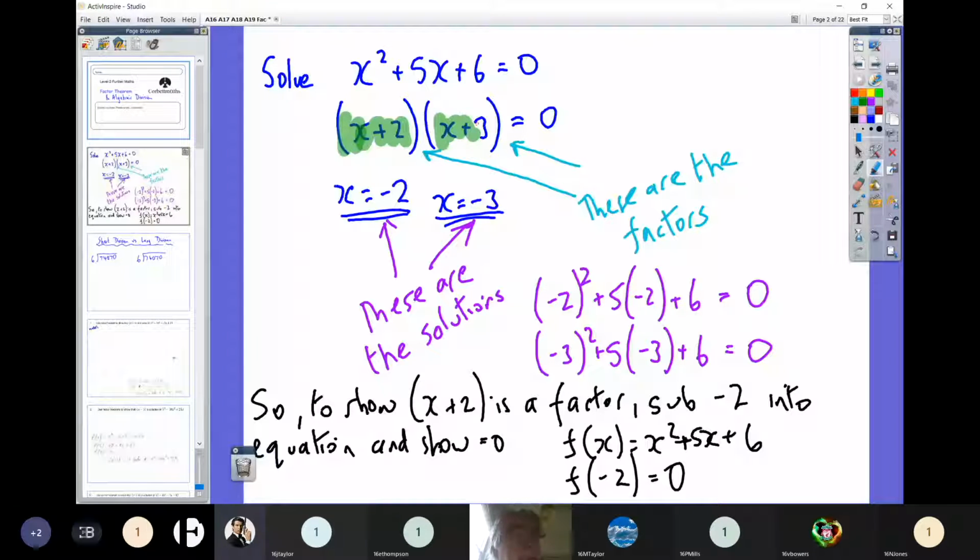So our x plus 2 and x plus 3, they are the factors. Those are the 2 brackets that multiplied together give you x squared plus 5x plus 6.